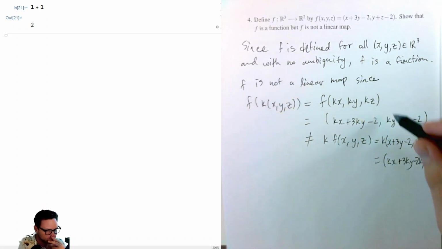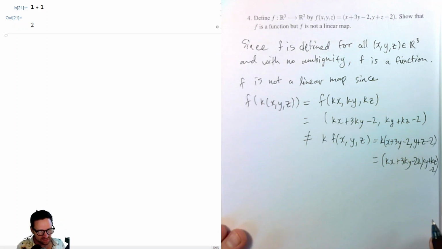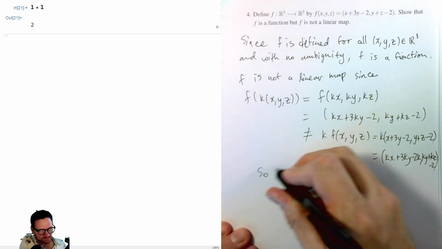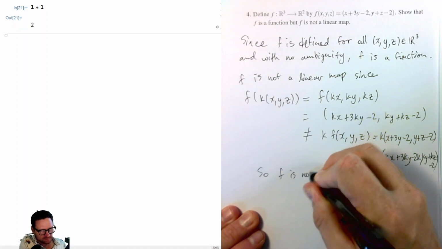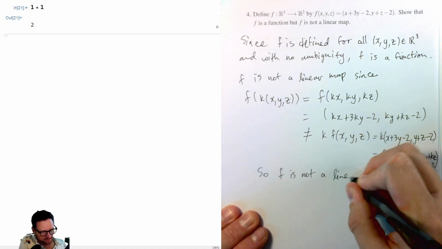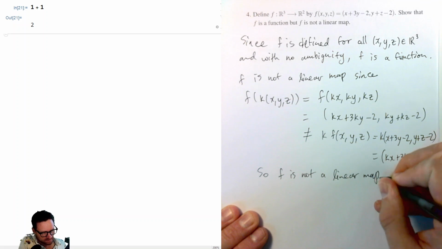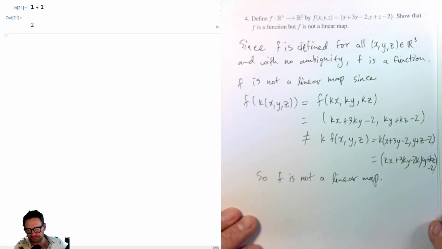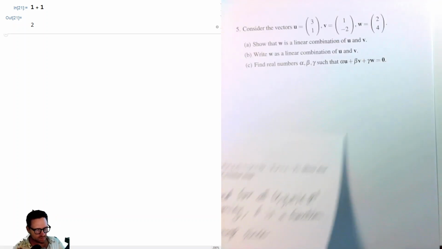Right, so these are not equal, hence it's not a linear map. Okay, so that was an easy one. Let's move on to question 5.